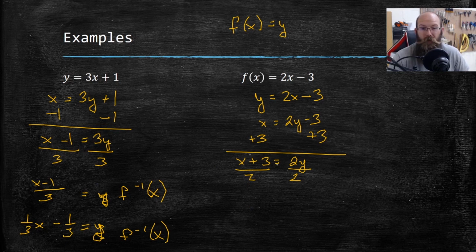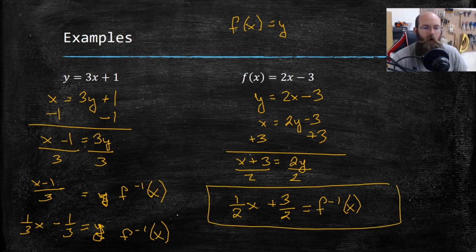I usually like to be able to graph this later, so I divide each piece by that 2, and I get x over 2, or 1/2 x, and then plus 3/2 equals, and this is now my inverse function. Since it started off with an f of x, I'm going to give it f to the -1 of x, or f inverse of x. So there's that one, and there's that one.